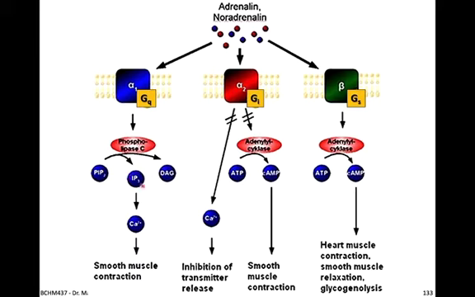And of course, IP3, if you remember, leads to opening of the channels on the endoplasmic reticulum to release the calcium, which leads to smooth muscle contraction. So basically, this figure explains more the mechanism of the same hormone once bound to different receptors.